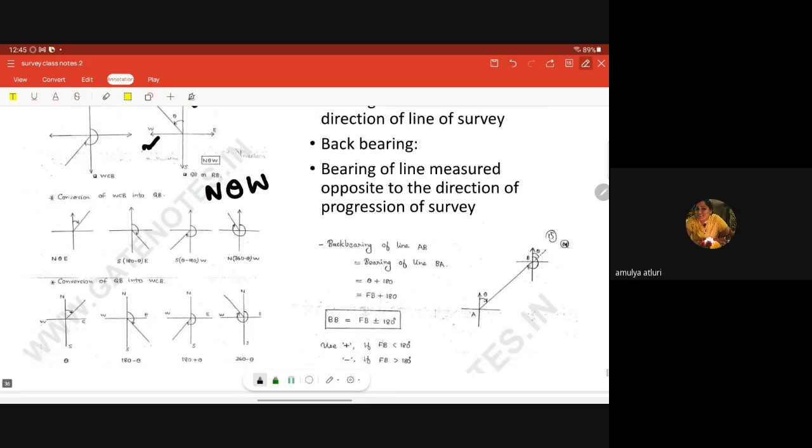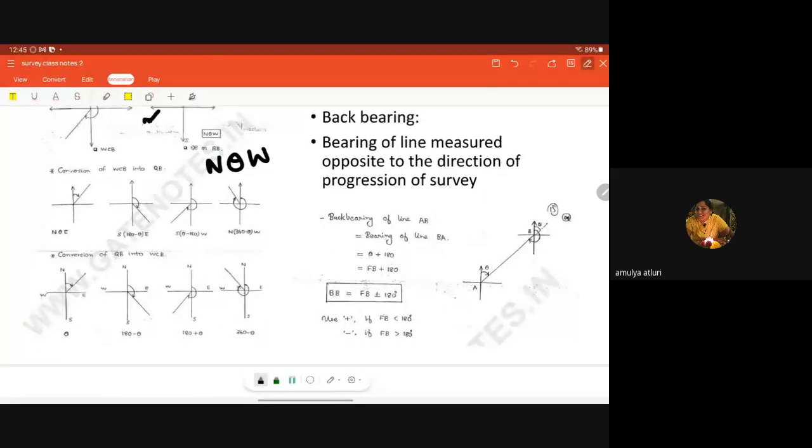Here you can see the conversion of WCB into QB. If the line is in the north-east quadrant, we go for north theta east. If it is nearer to south, in the south-east quadrant, it is south 180 minus theta east.